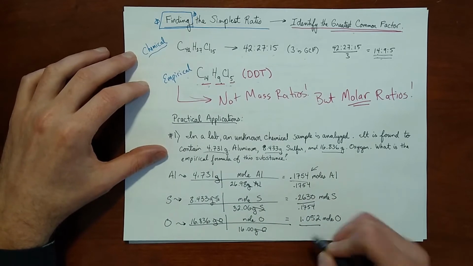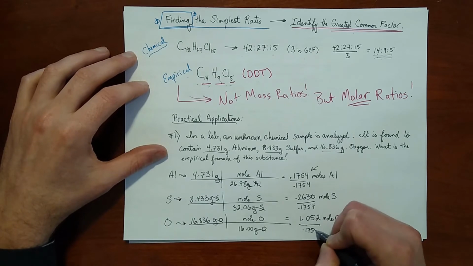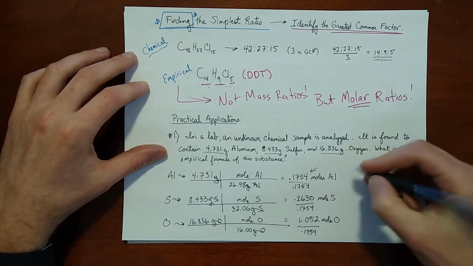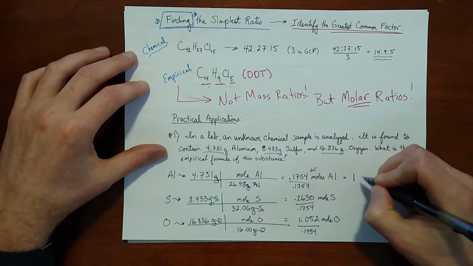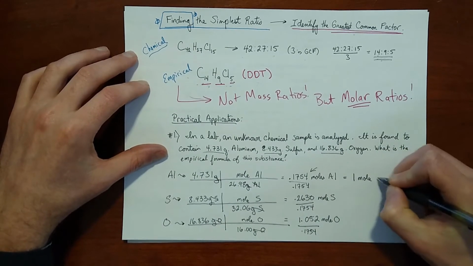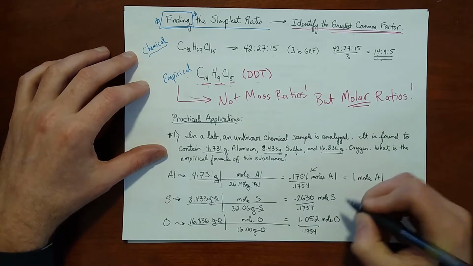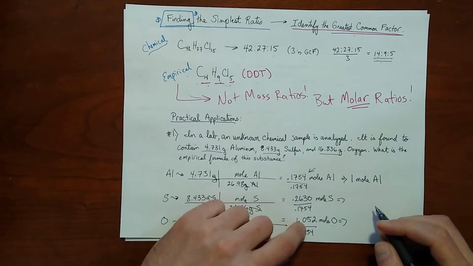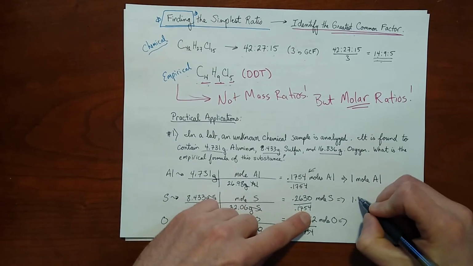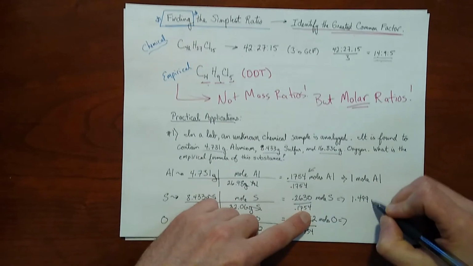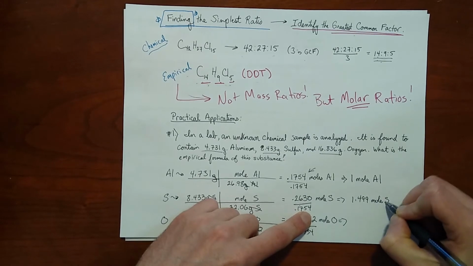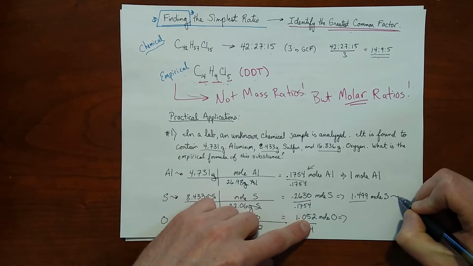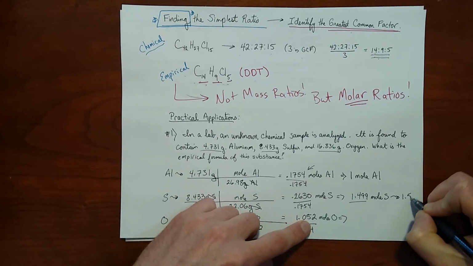When I do that, it doesn't necessarily help with these two, but when I divide something by itself, I just get 1. So this is the same ratio as 1 mole of aluminum compared to 1.499 moles of sulfur, which is so close to 1.5 that we're actually going to call it 1.5.